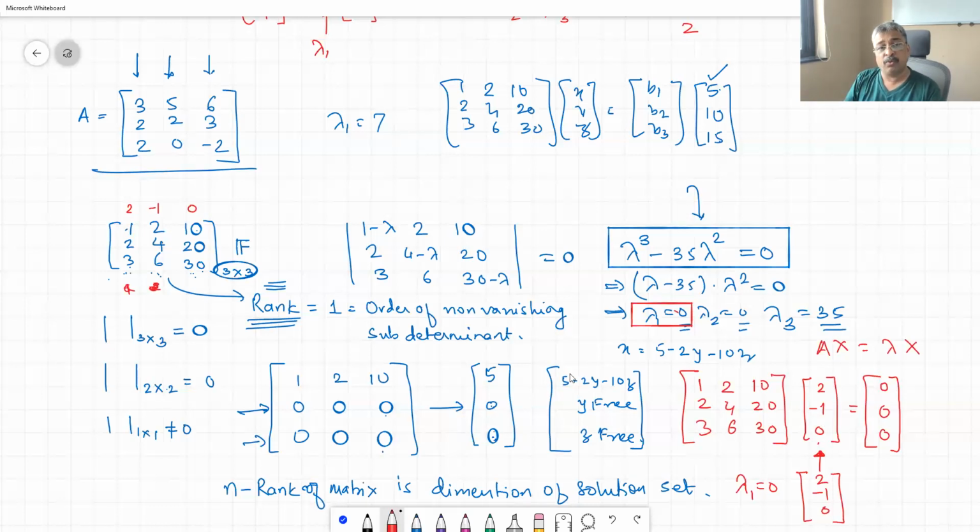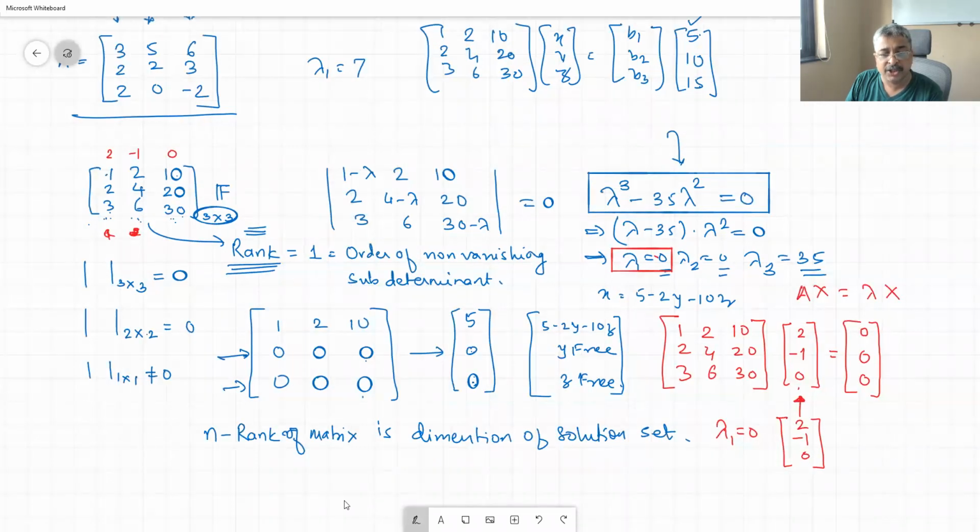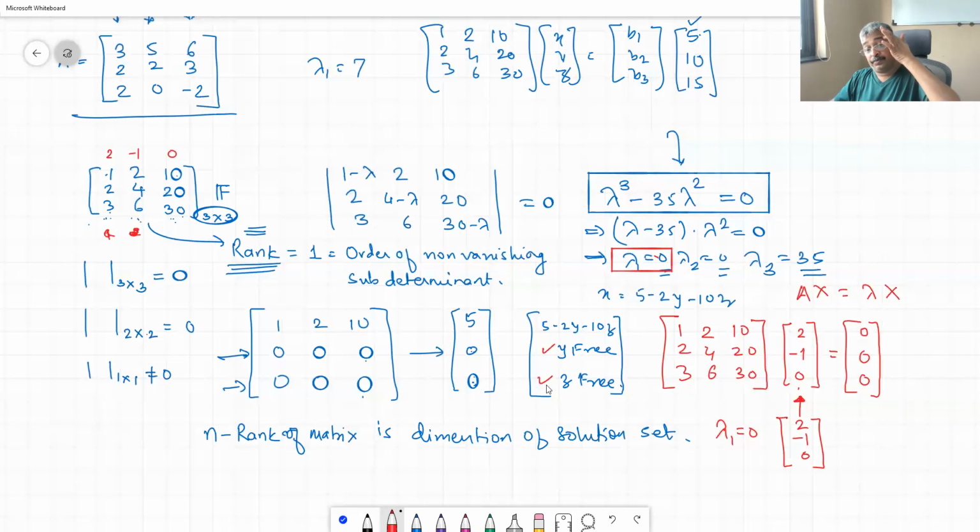Okay, so if you want to get one more, that is why I was explaining what is the dimension of the solution set. Our dimension of solution set is 2, which is very much visible here. This is free and this is free. The two eigenvectors that we will get, one of them we have already got, and we will get one more.